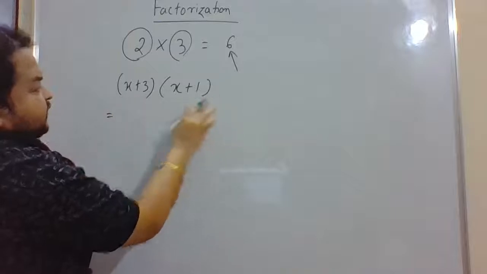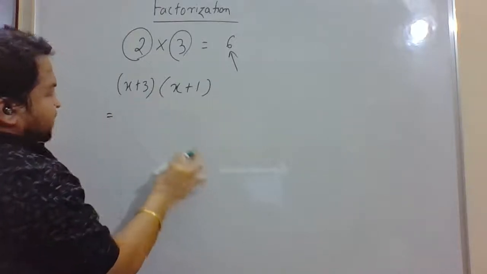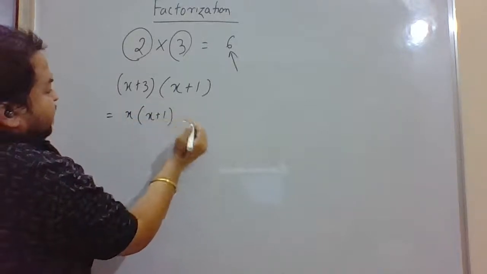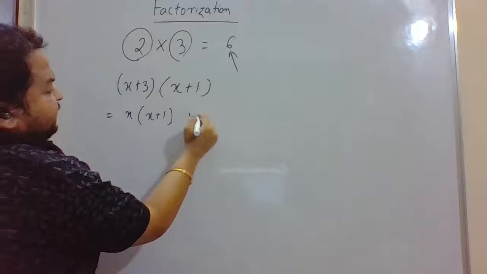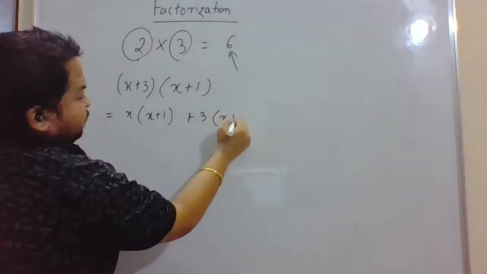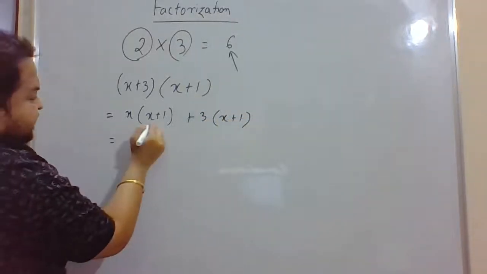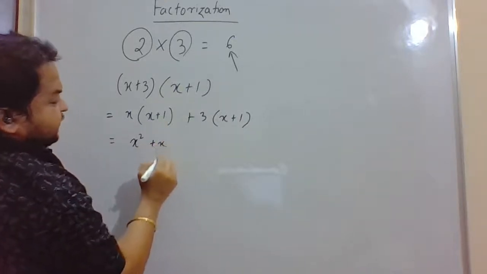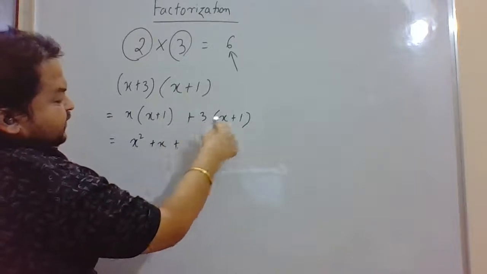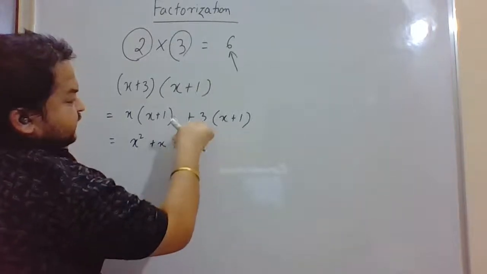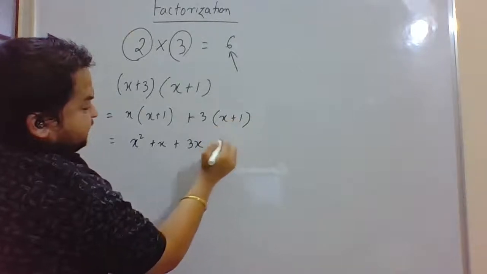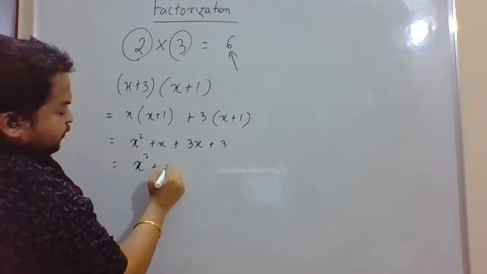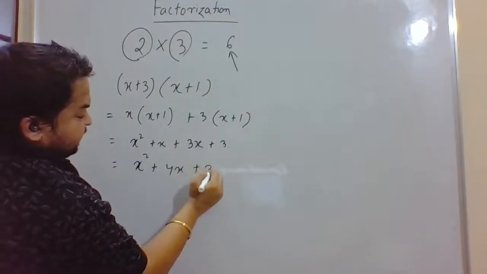We can open the bracket and by using expansion, the first term x into x plus 1, plus 3 into x plus 1. So x into x is x squared, x into 1 is plus x, 3 into x is 3x, 3 into 1 is plus 3. This is nothing but x squared plus 4x plus 3.